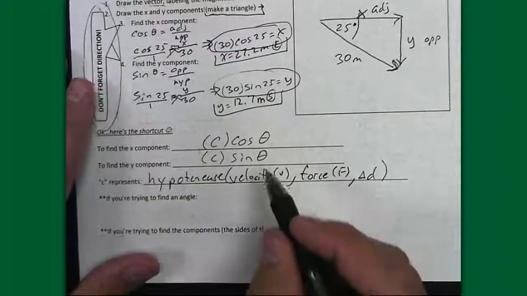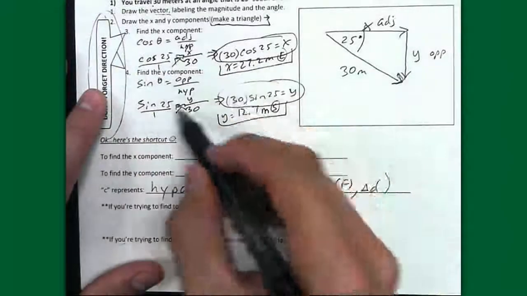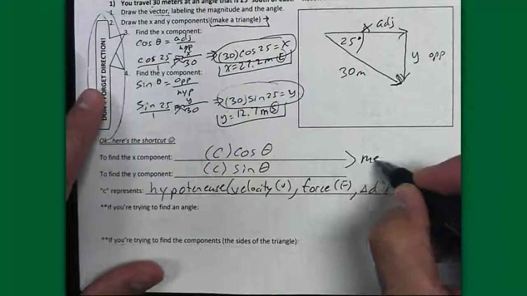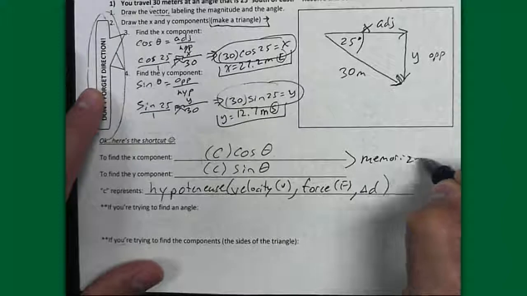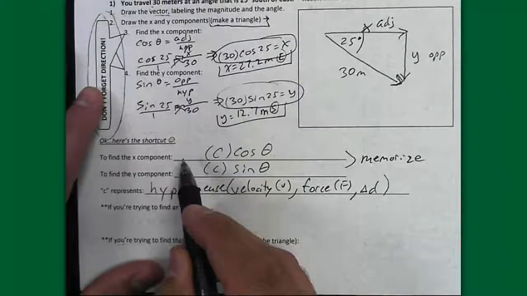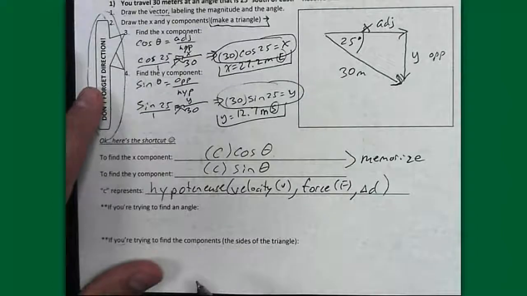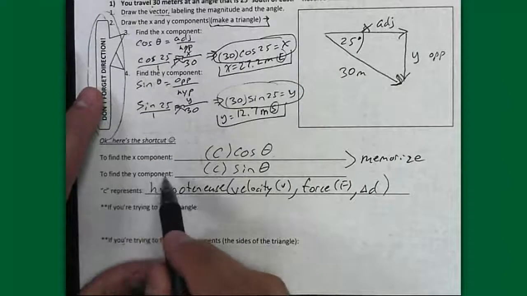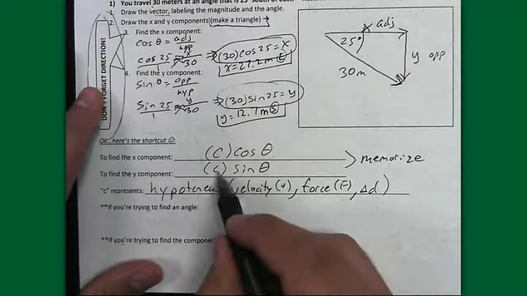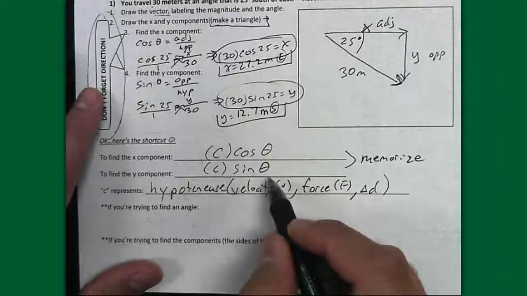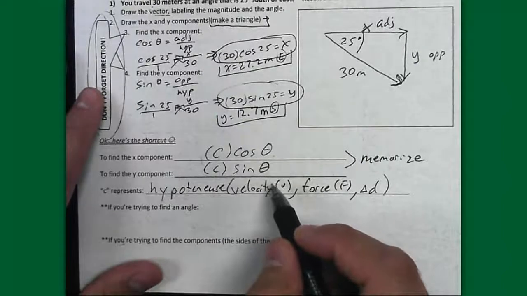The reason this is a shortcut is because you no longer have to do all this work. You can memorize these, and as soon as you see x component, you know f cosine theta or v cosine theta. As soon as you see y component, you automatically know f sine theta or v sine theta.